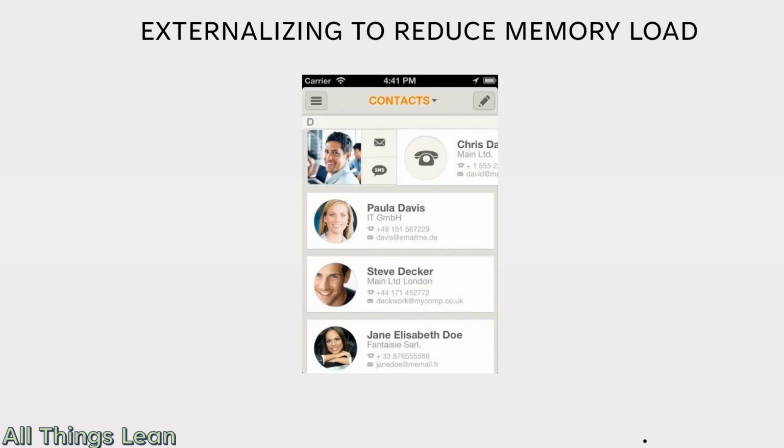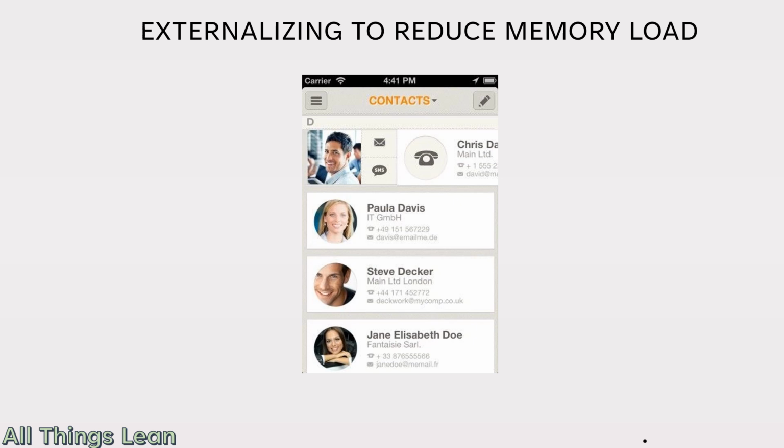Over decades, there have been numerous strategies developed to reduce memory load by externalizing information. Examples of things that are better to be externalized include information that is difficult to remember, such as phone numbers and addresses of your personal contacts, birthdays, or appointments.